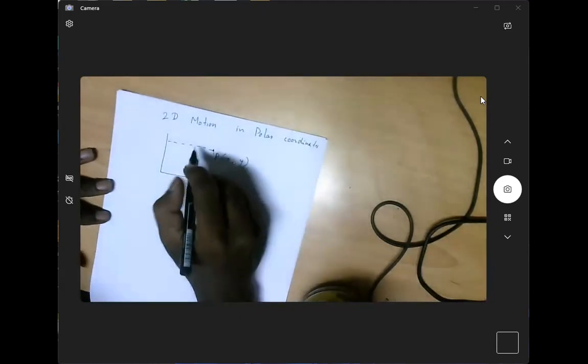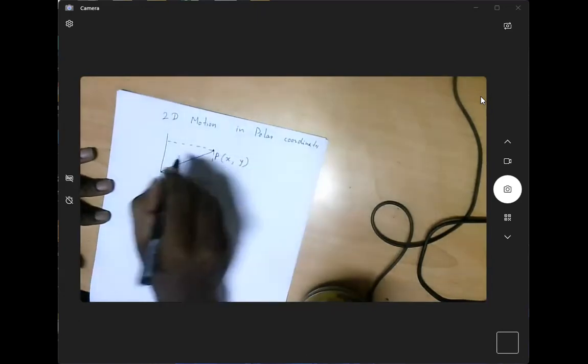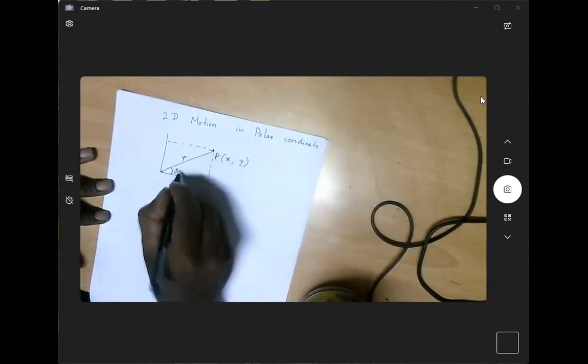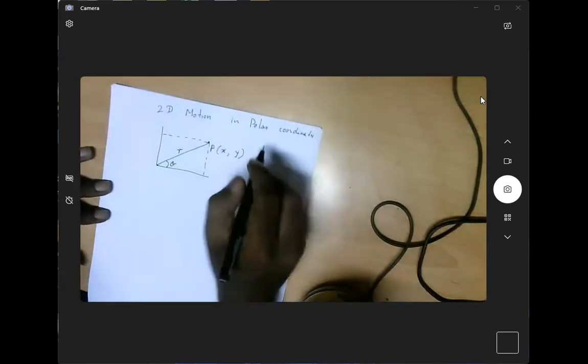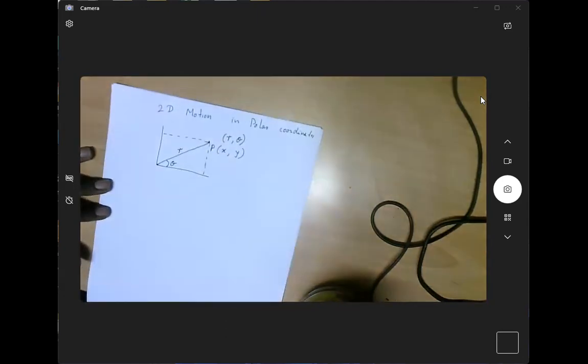Right? And what are the polar coordinates of this particular point? This is r, and the angle is theta. So the polar representation of the same point is r, theta. Right?